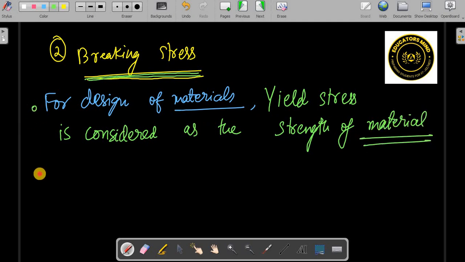But in many questions they will give you the breaking stress. Breaking stress is like the maximum stress that can be applied without breaking.